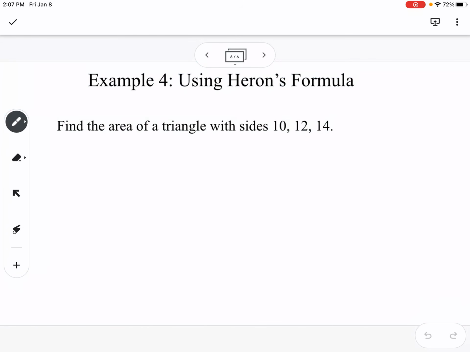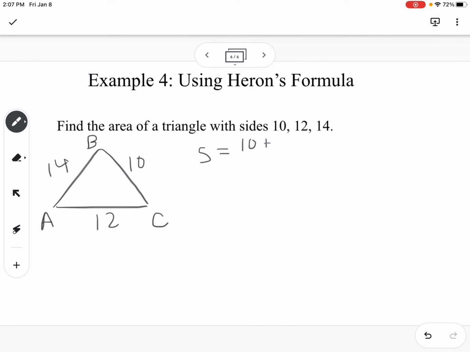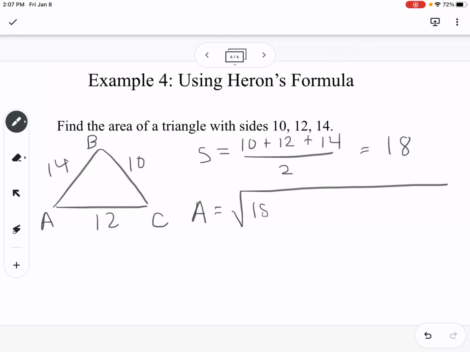Here's an example of that. We have a triangle, doesn't really matter which is A, B, C, but we have 10, 12, and 14. The first thing we do is find S by doing 10 plus 12 plus 14 divided by 2, and we get 18. Then we apply that into the area formula: 18 times 18 minus 10 times 18 minus 12 times 18 minus 14.